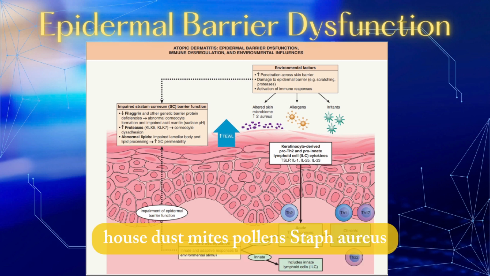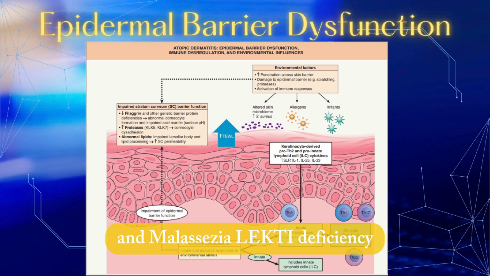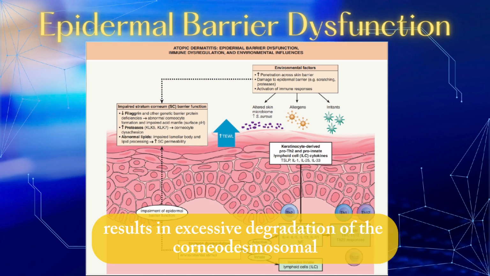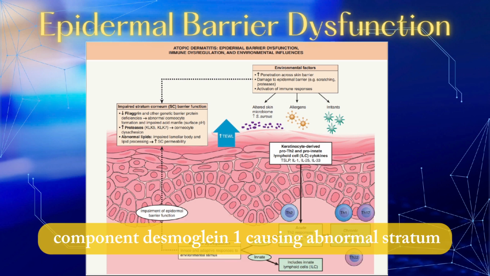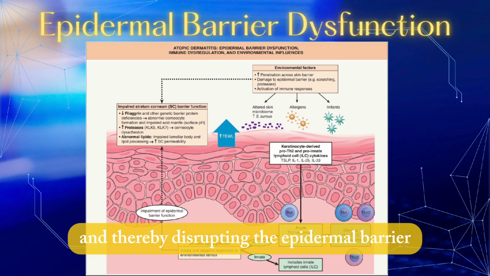House dust mite pollens, Staph aureus, and Malassezia. LEKTI deficiency results in excessive degradation of the corneodesmosomal component, desmoglein 1, causing abnormal stratum corneum detachment and thereby disrupting the epidermal barrier.